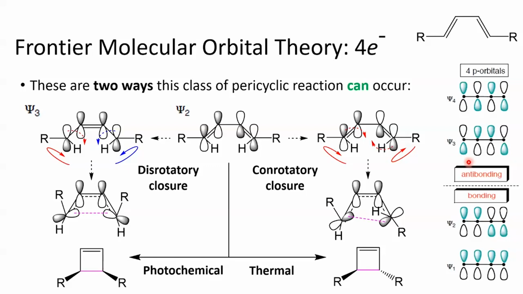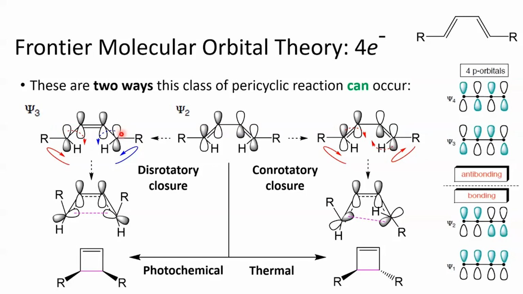If we look at the arrangement of these orbitals, we can see that there's going to be a double bond in the center and two non-bonding orbitals with the same phase either side of it. And this is the situation that we've shown over here, with our bonding orbitals at the back and two p orbitals with the same phase on either side. Now, in order for a bond to form, we need the phases of these outer two p orbitals to combine together, whereby the same phase matches up.